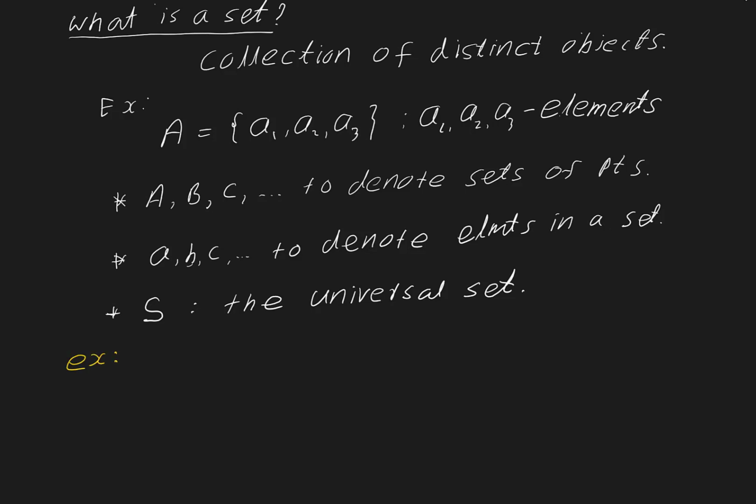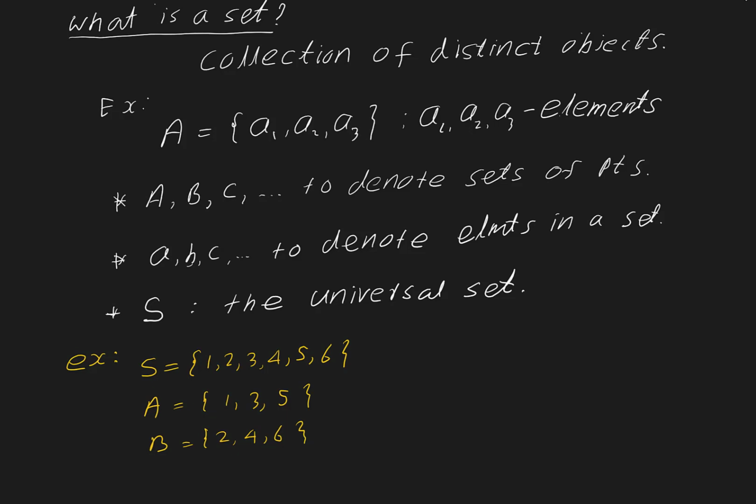Example, I write S as 1, 2, 3, 4, 5, 6, and a set A as 1, 3, 5, and set B as 2, 4, 6. Here you see S has all elements of A and B. So S is the universal set.